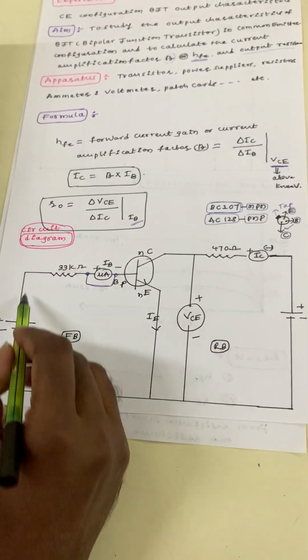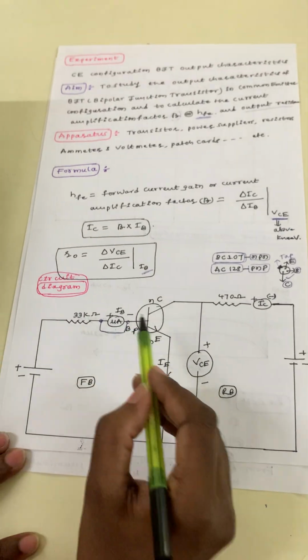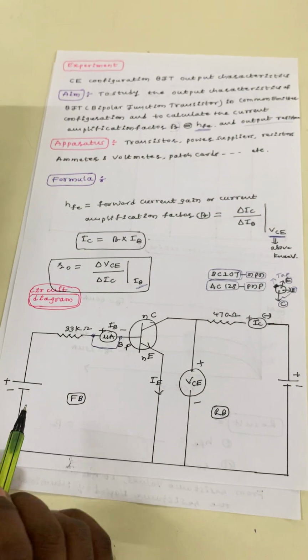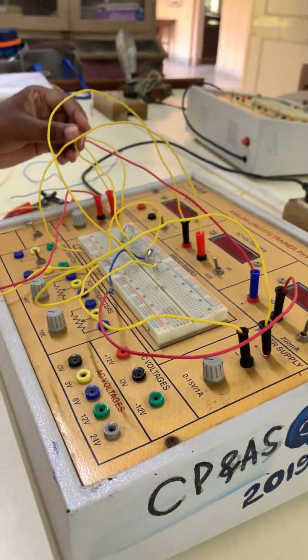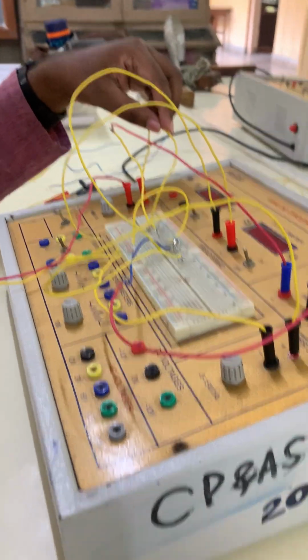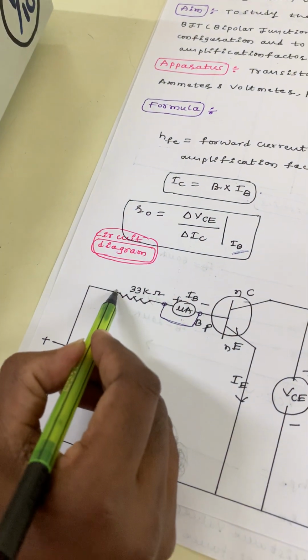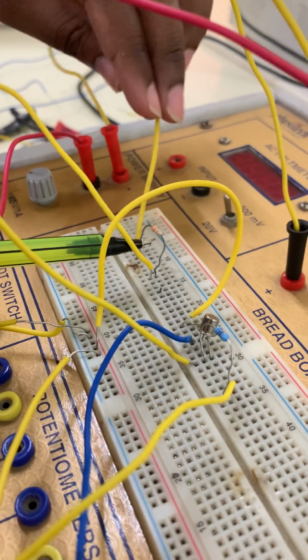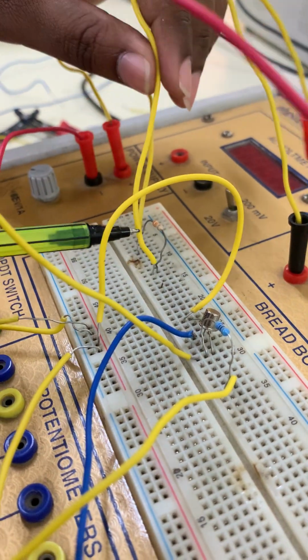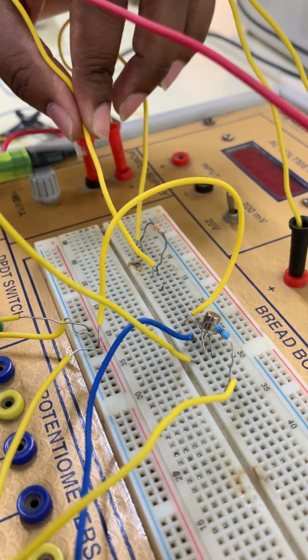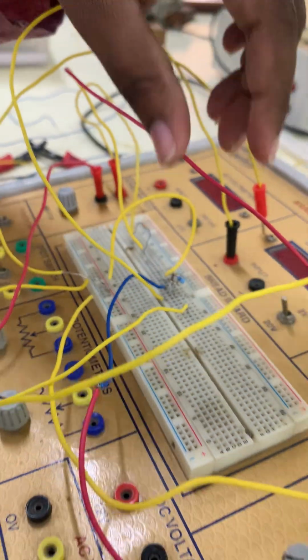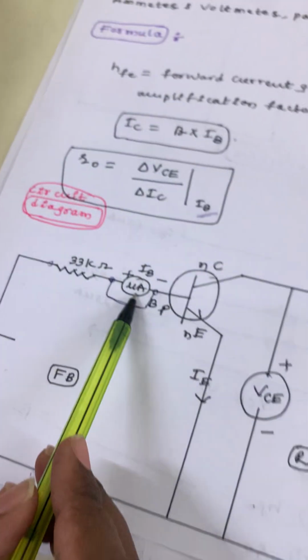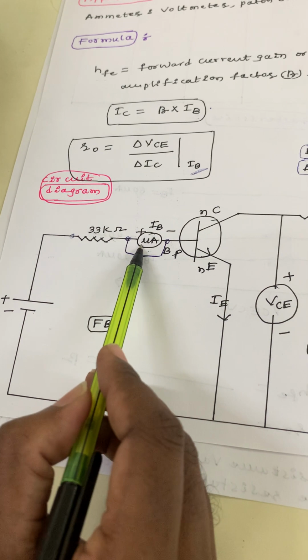Clear? Now based on this circuit diagram, we have to make the connections. First, the power supply positive you have to connect to the 33K ohm resistance. The next end of the 33K ohm resistance you are going to connect with IB, that is the milliammeter.